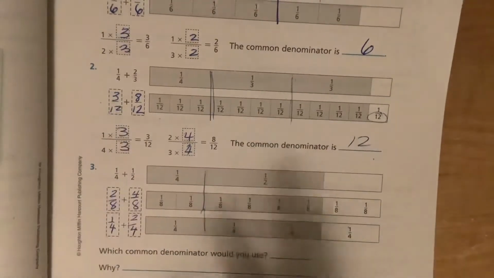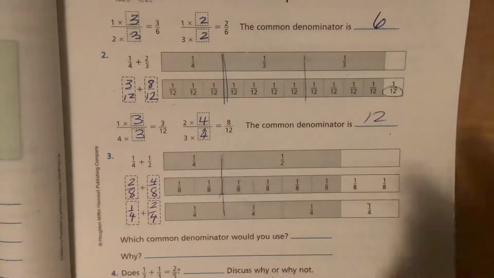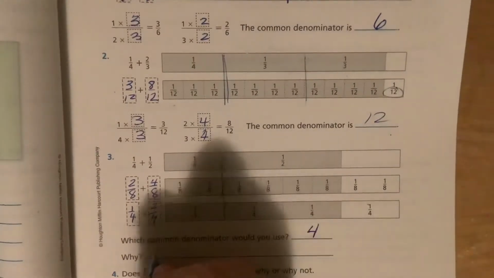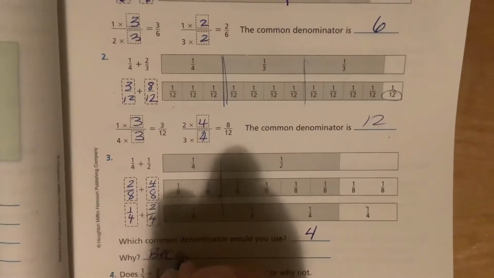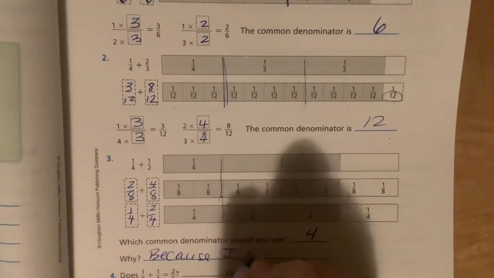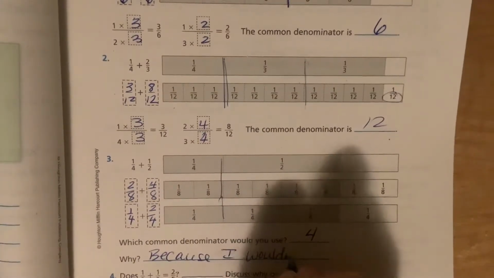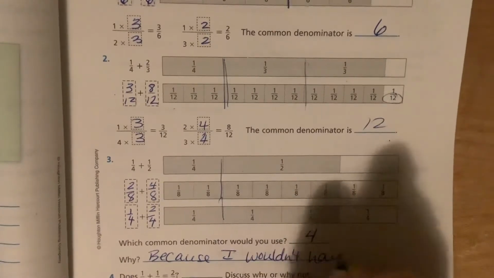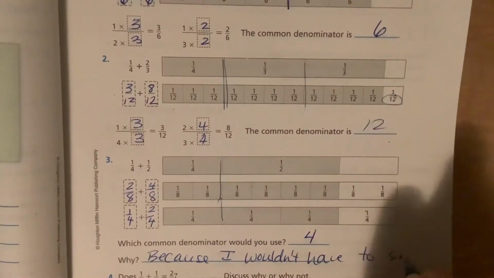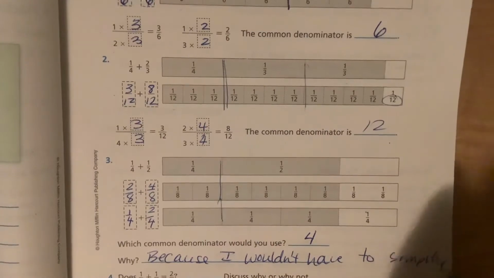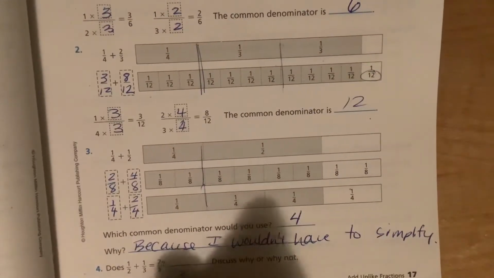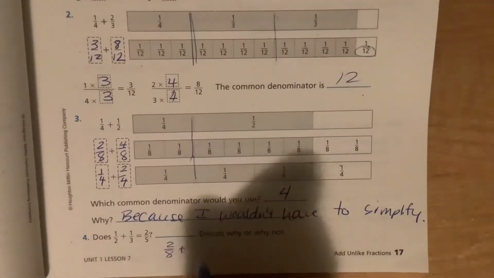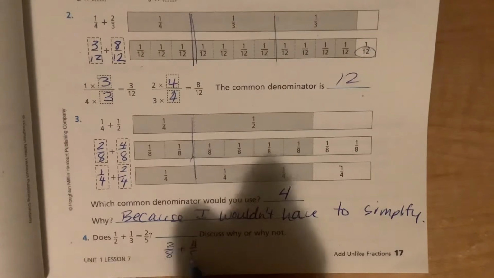So the common denominator that I would use is 4 because I wouldn't have to simplify at the end. And now here's why. Because 2/8 plus 4/8 is 6/8.